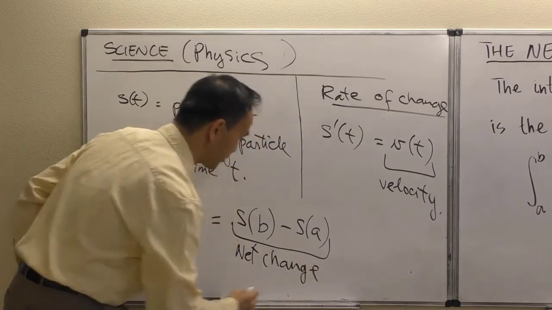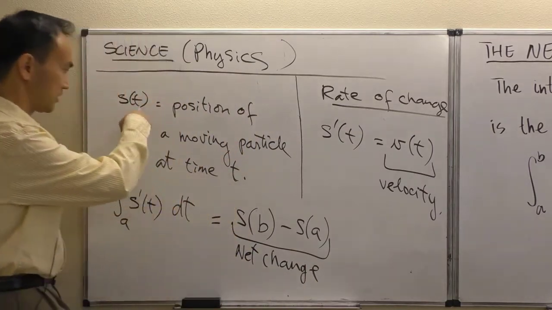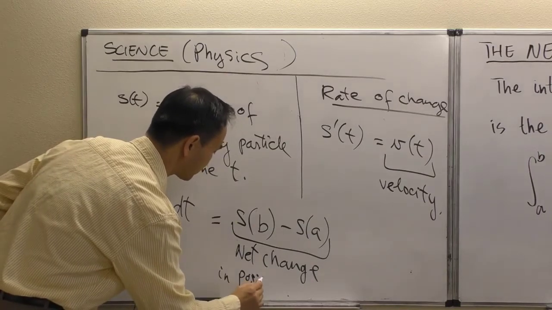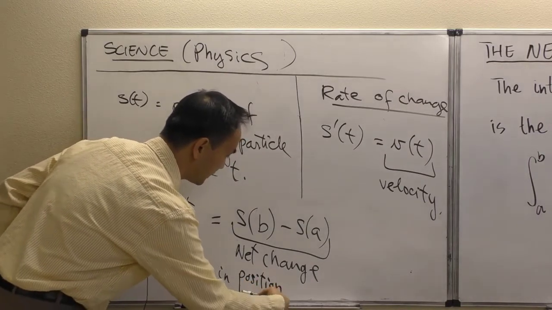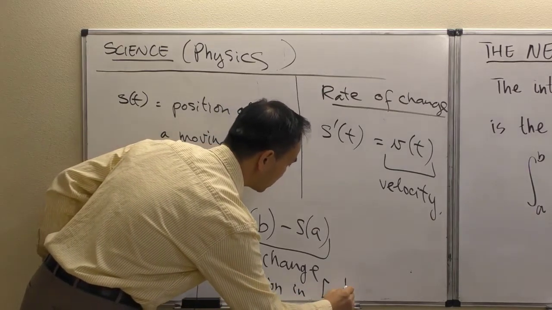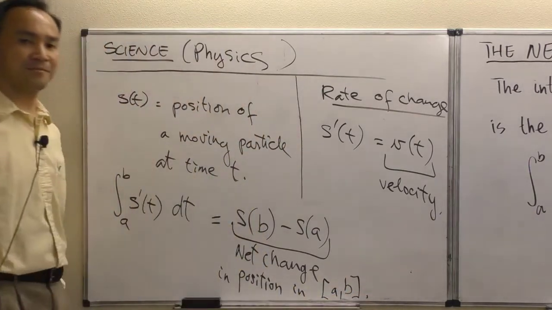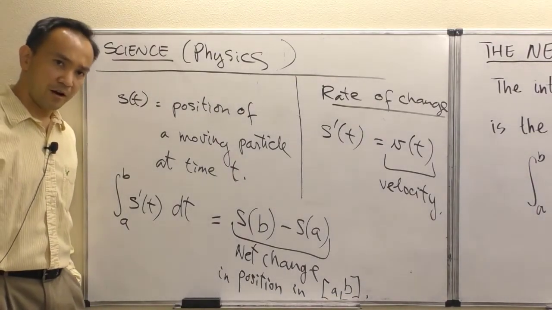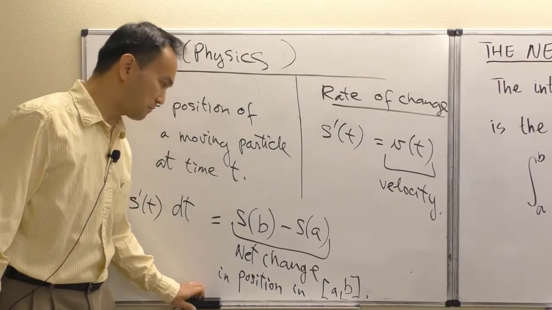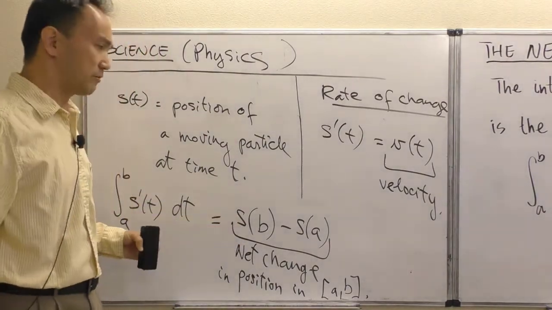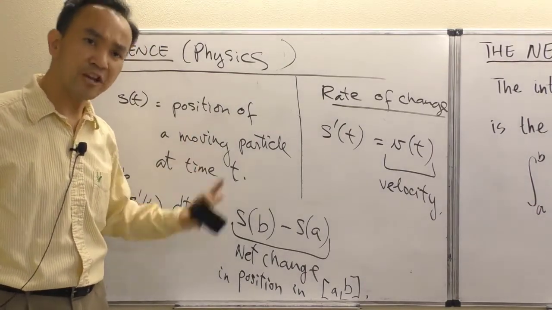S is position, so it's the net change in position over the interval from a to b. All right, so those are some quick applications of the net change theorem.